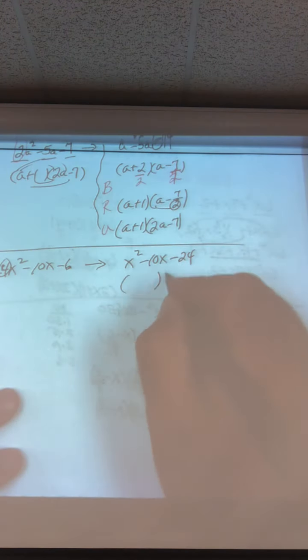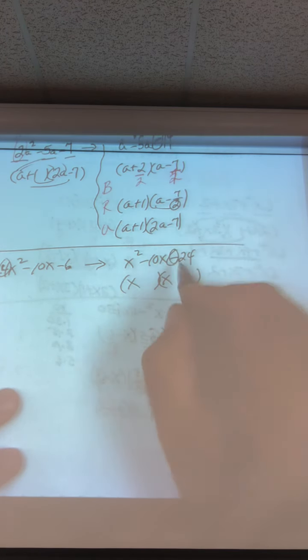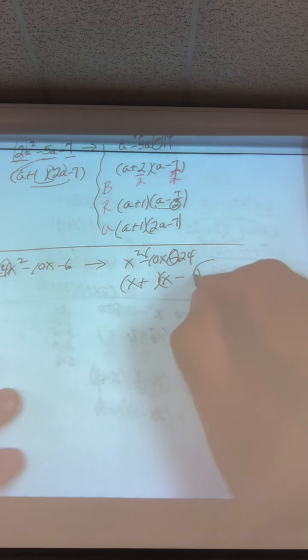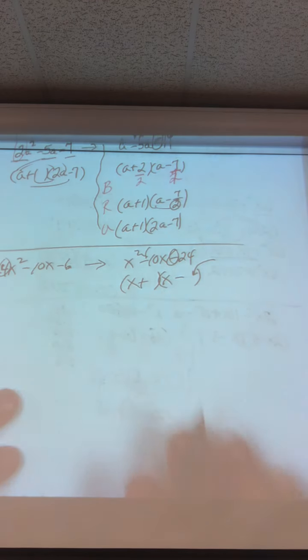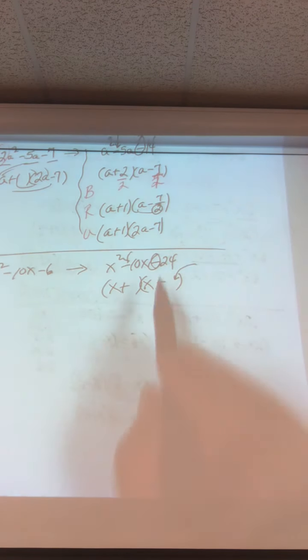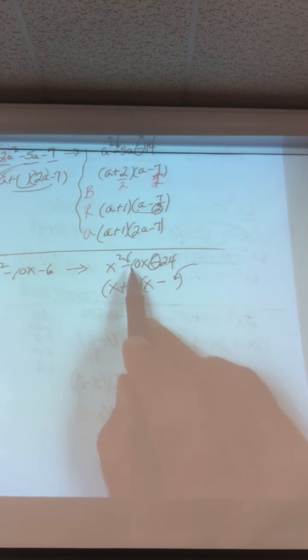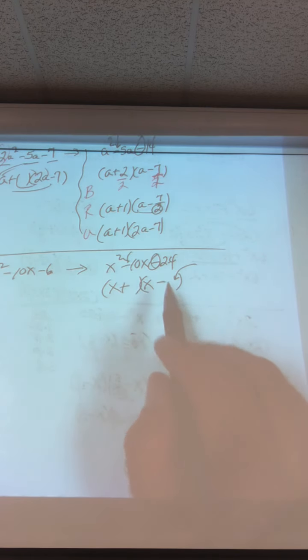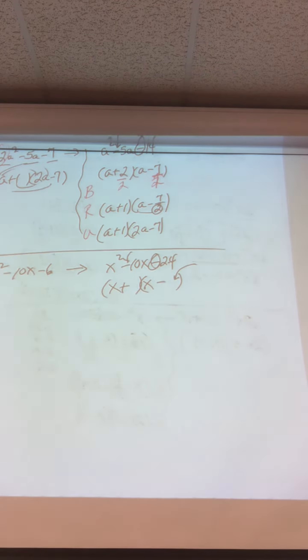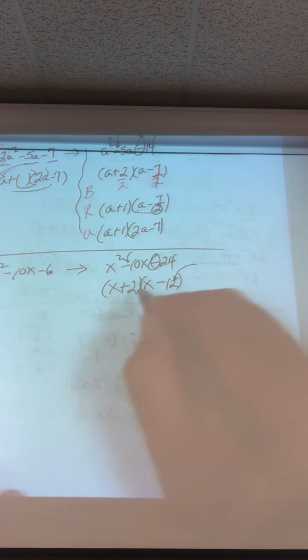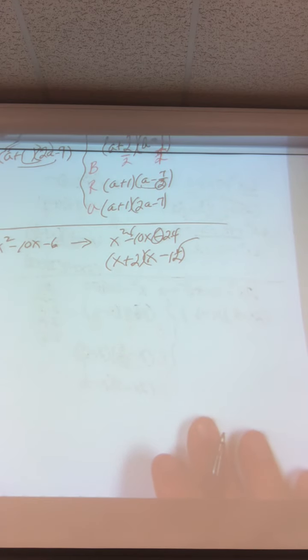Now let's factor this. X squared breaks up x times x. Signs are different. Again, largest is negative, so the biggest number is going to go there. I need two numbers. When you multiply them, you get 24. If you subtract those same two numbers, you get 10. 12 and 2 multiply to give you 24, but if you subtract 12 and 2, you get 10. So I've got to put the 12 with the negative, the 2 with the positive. Now we're not finished.